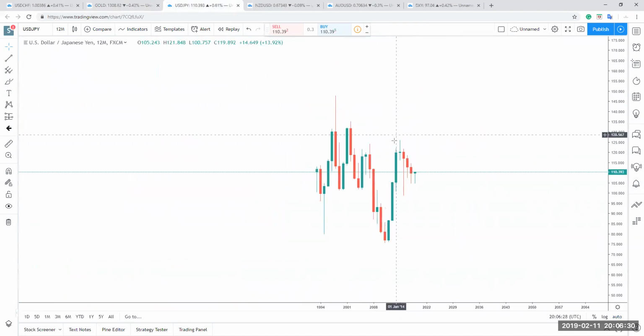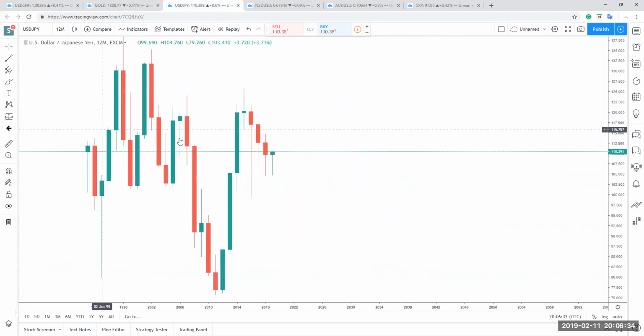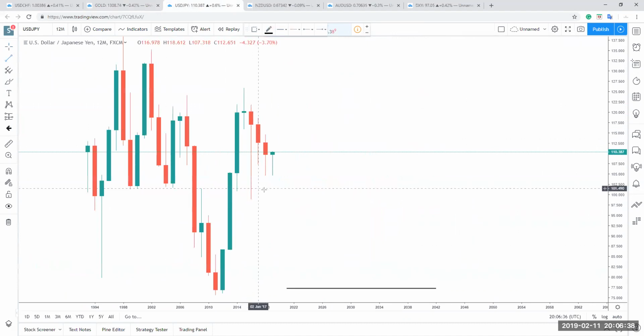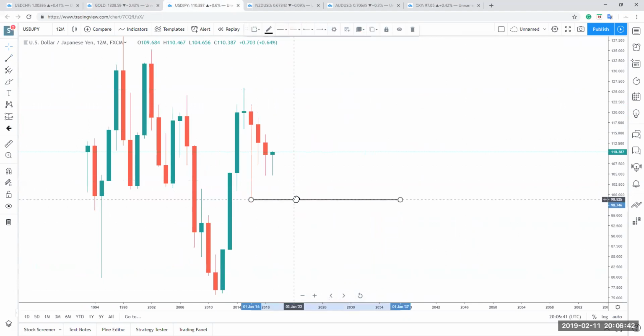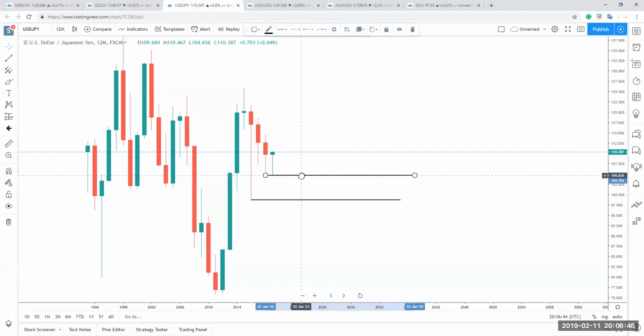USD JPY. You see, we had a bullish move up, retest down, and we're filling these wicks. And then, as you said with the other one, that we didn't break.